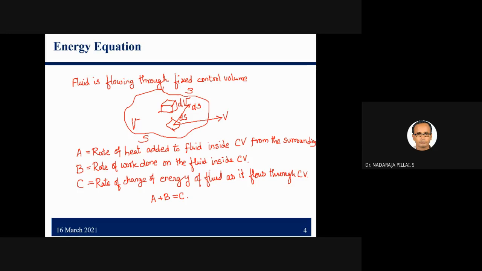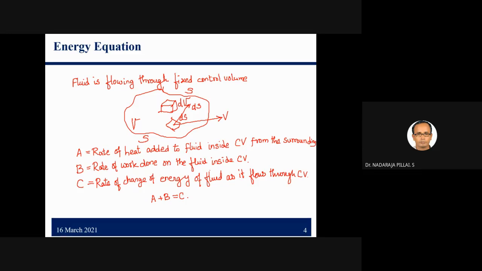In this equation, if you consider all the terms as time rates, the time rate of work done and all those things are actually referred to as power, right?